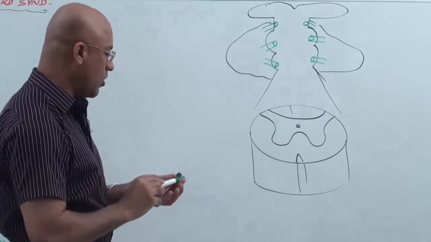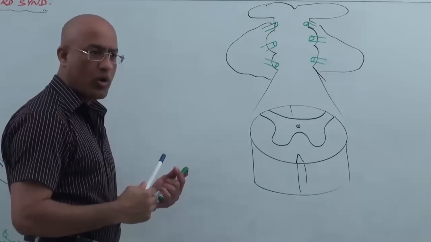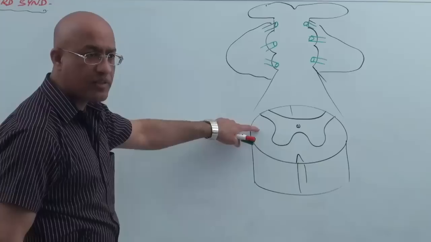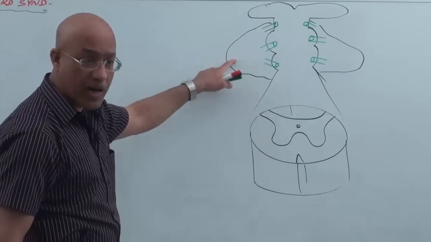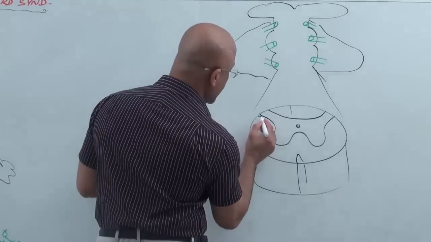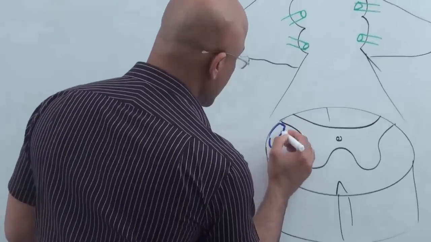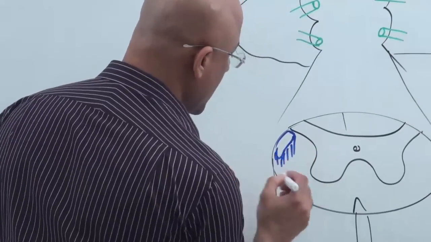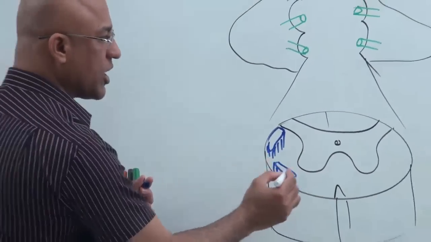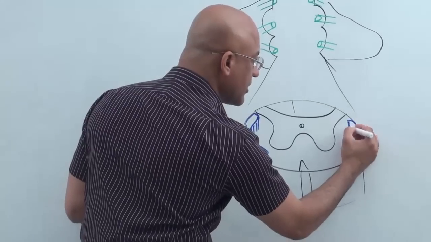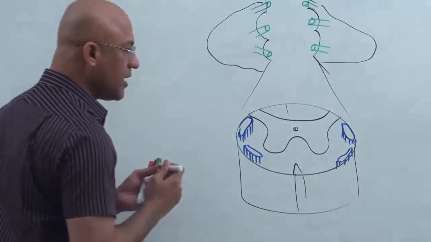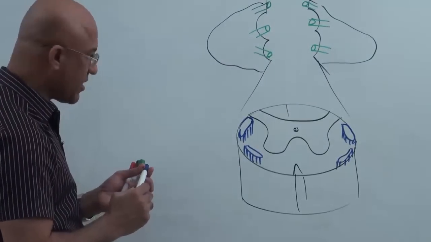Is that right? Now, from the spinal cord, sensations go to the cerebellum also. Actually, there are two pathways here. Behind here is dorsal spinocerebellar, and here it is anterior spinocerebellar, right?